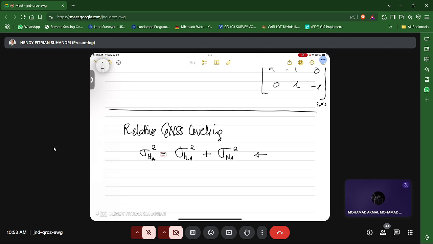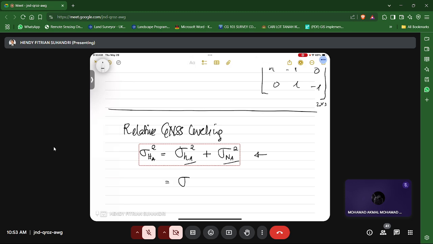This is under an assumption that the normal height does not correlate with the geoid undulation. Otherwise, if they do have correlation between the normal height and geoid undulation, then this equation is not valid anymore.